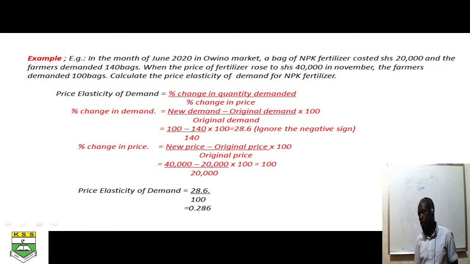Okay? So when you go to how we calculate elasticity of supply, the principle is the same.